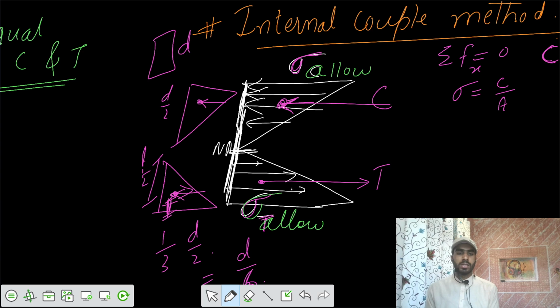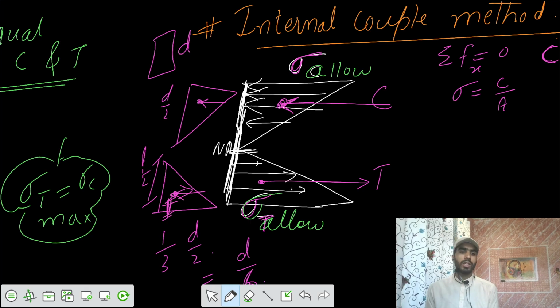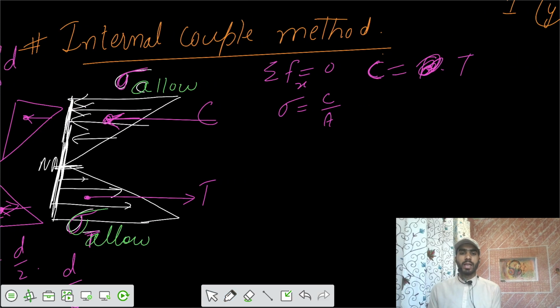So sigma T equals sigma C. That means the maximum stress you can allow in tension equals the maximum stress you can allow in compression. If you write both as sigma, the value of sigma equals force by area.